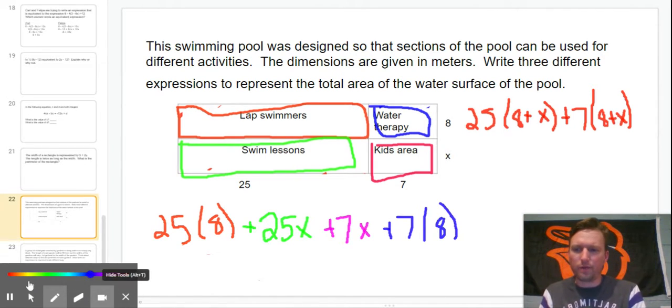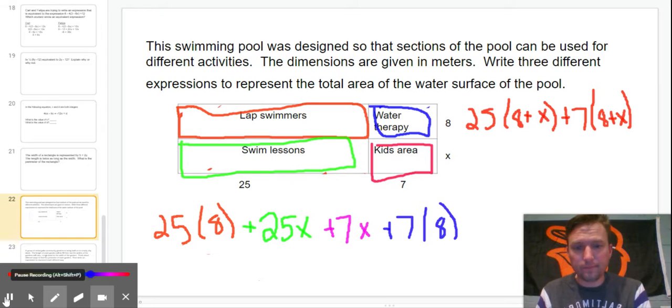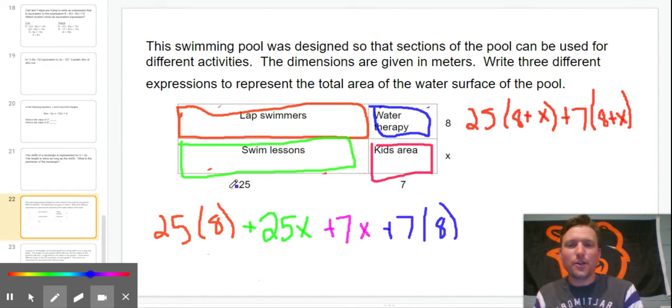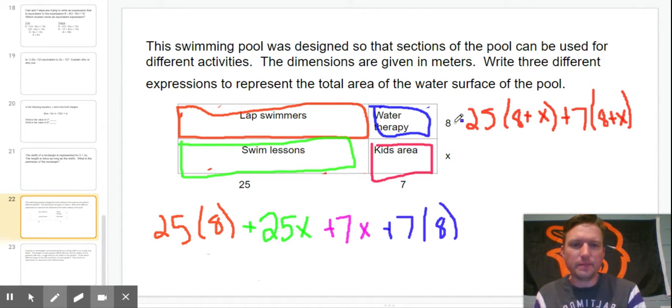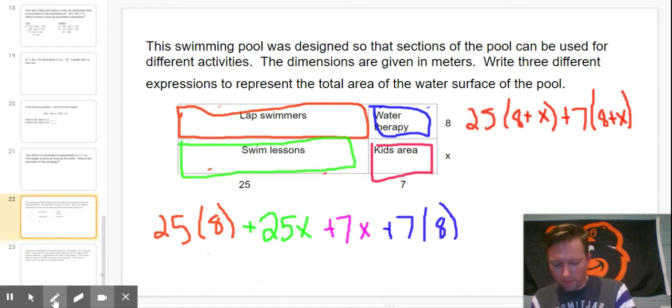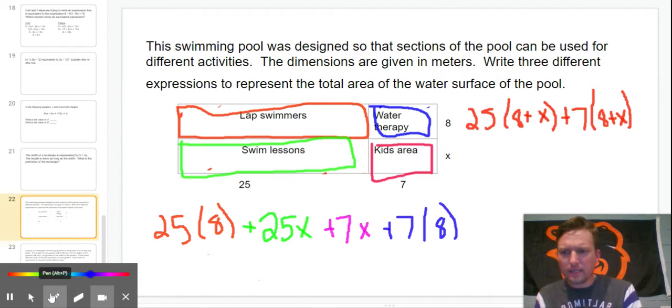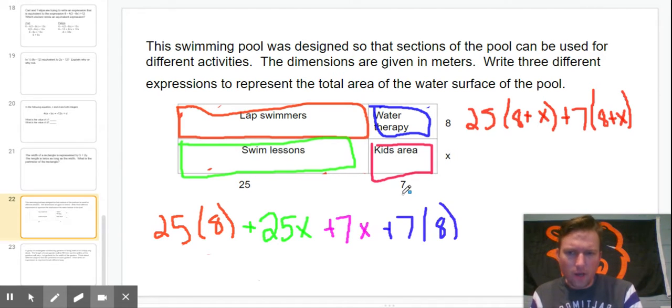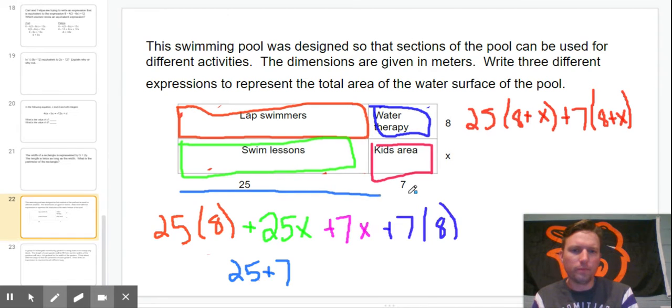And then the last equivalent expression, can you think of it? That's right. You could take this length times this length. So you could do this length, which would be 25 plus 7. If you added 25 plus 7, that would give you this whole length of the pool.